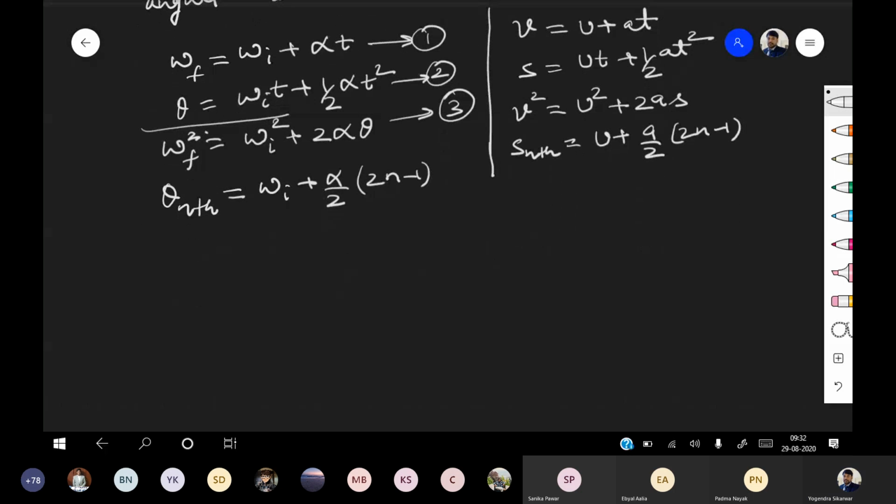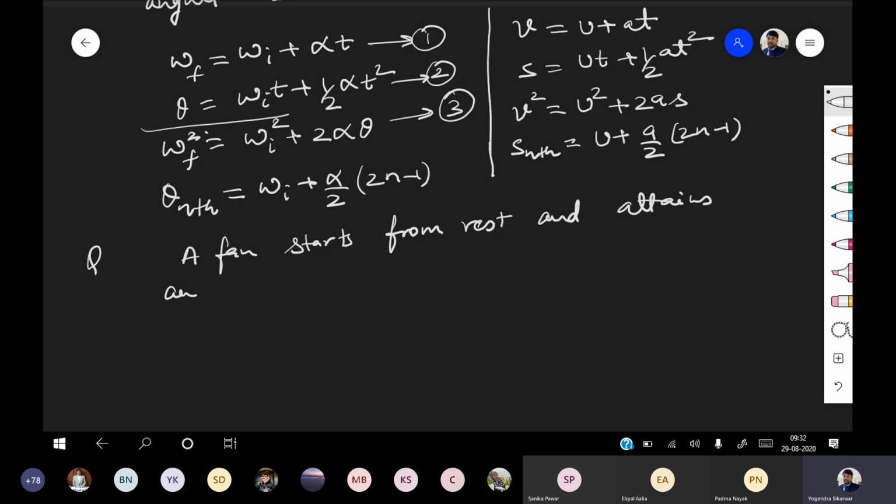Questions. A fan starts from rest and attains angular velocity of 100 rpm in 2 minutes.